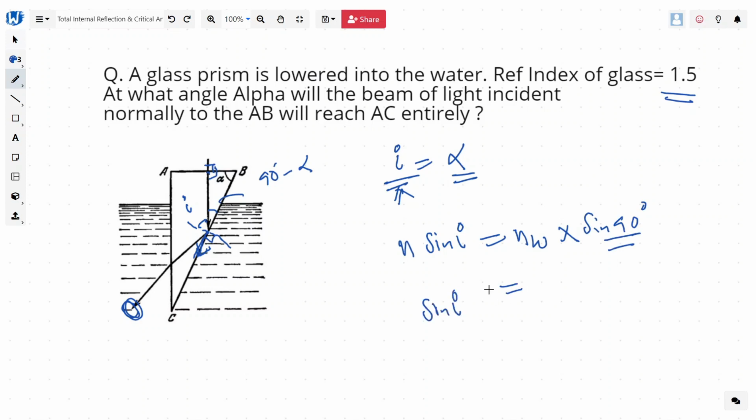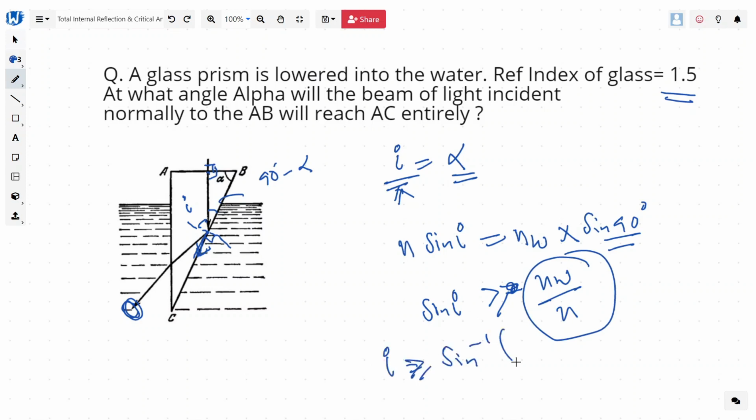Sine I has to be greater than or equal to NW divided by N. So we know this ratio, we can find I, and I is greater than or equal to sine inverse of NW by N. If we know NW and N, we can find that I is somewhere around 60 degrees.